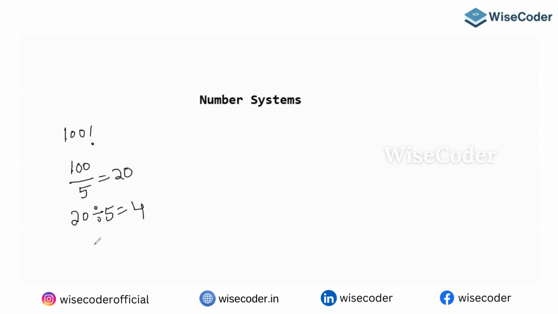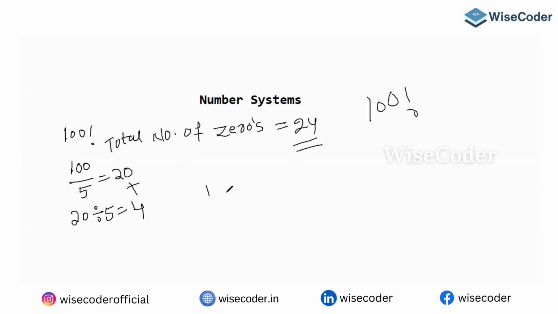But 4 is not going to divide further by 5. So the total number of zeros is 20 plus 4, 24, which means if you write 1 into 2 into 3 and so on up to 100 and multiply, the result will be some number followed by 24 zeros.